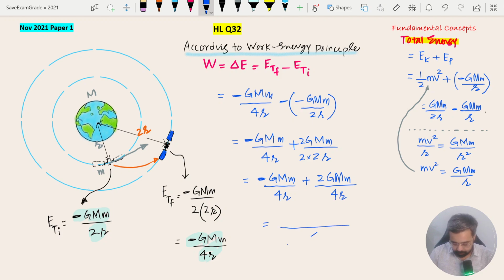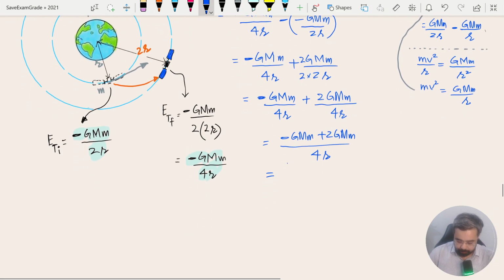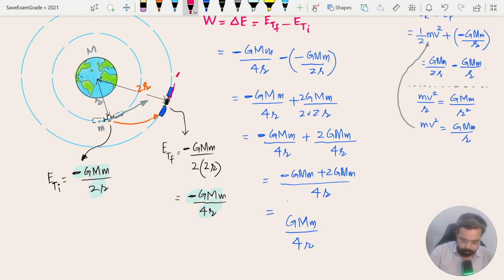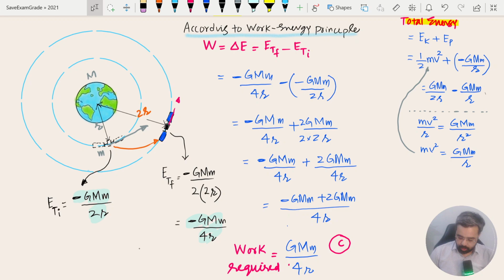Taking LCM 4r and adding the numerators, negative GMm plus 2GMm, you will end up with a positive value, GMm over 4r. This is the energy required to move it from one orbit into the other orbit, where it will be moving slowly. So the right answer is option C.